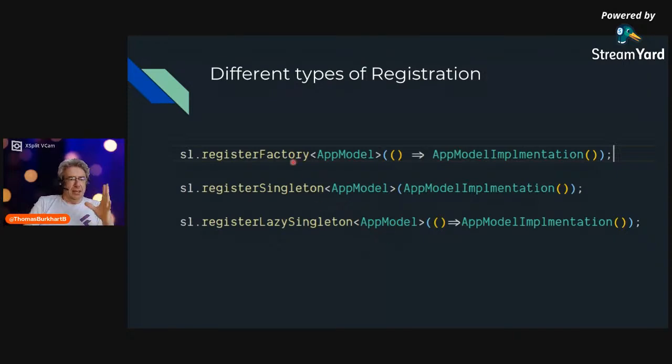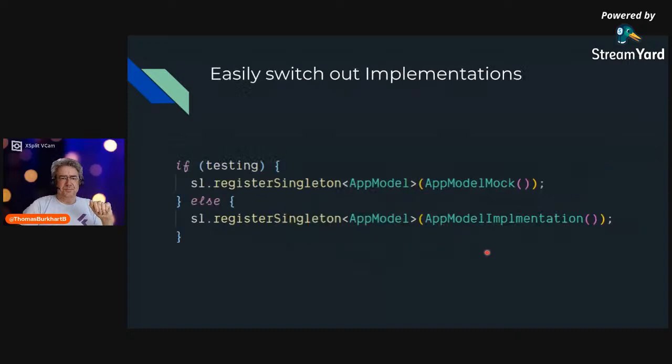So these are the three main types of registration. I said before that we have a separation between the type with which we register an object in GetIt, and the type we use when we access the objects again, and the actual instance type.